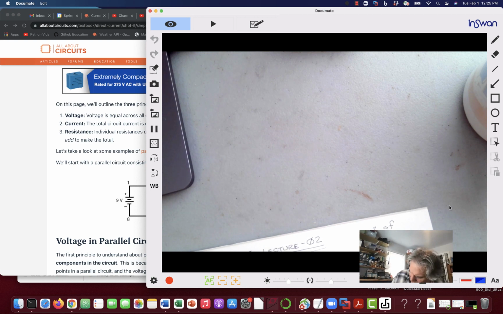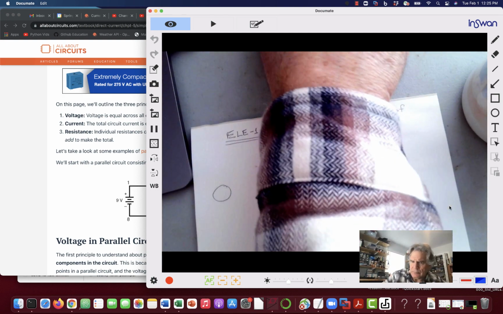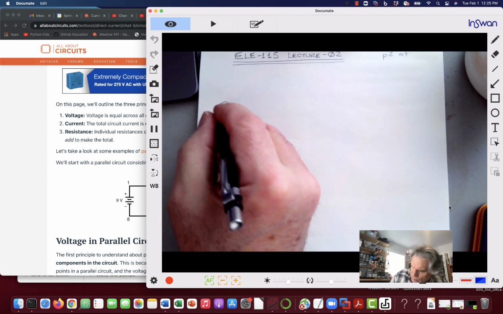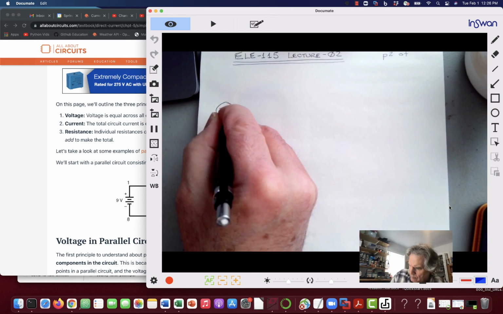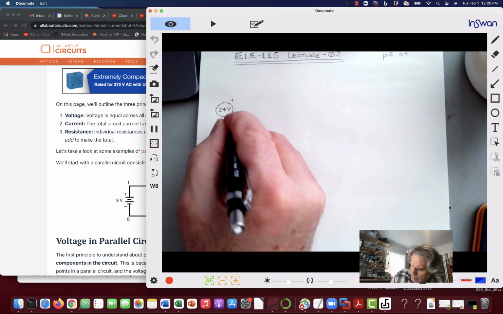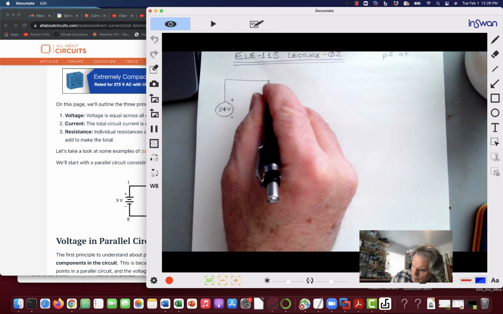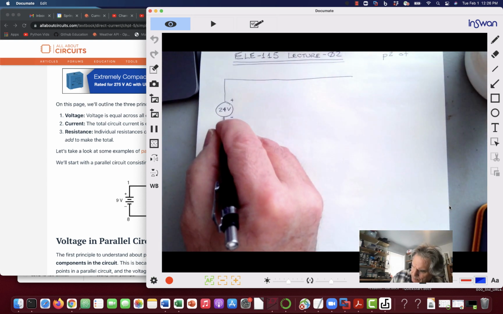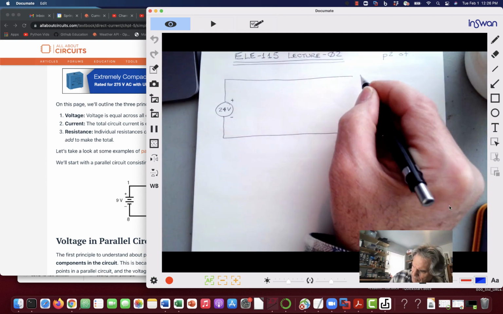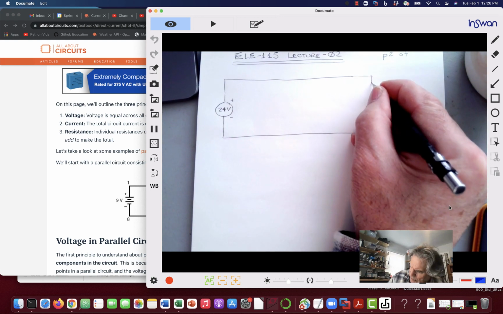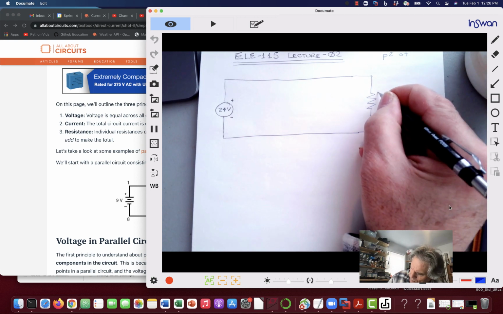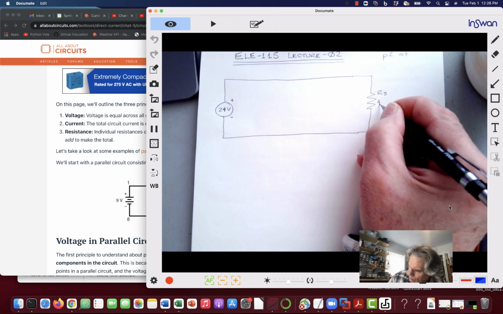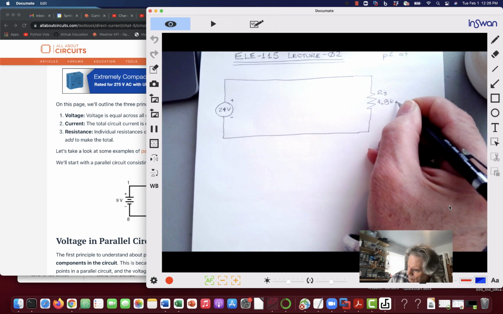So let's talk about our circuit. We have 24 volts. Give myself a little more room this time. And we have R3, which is 4.8 k ohms.